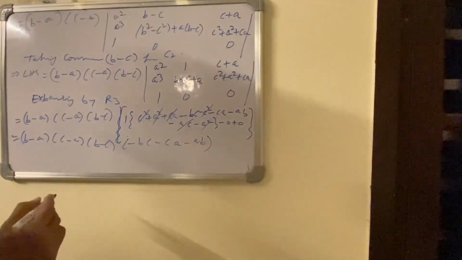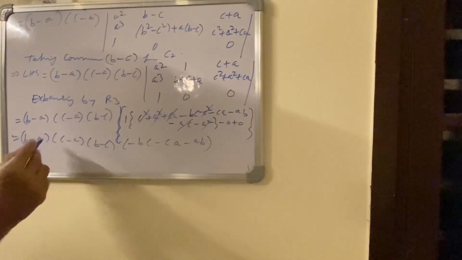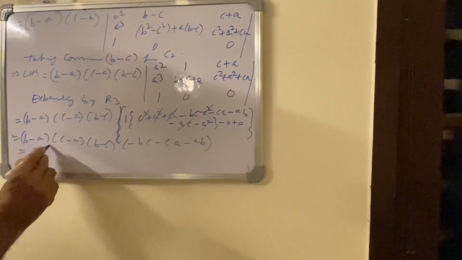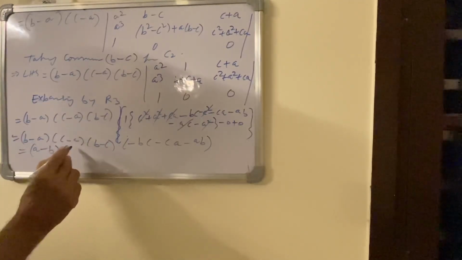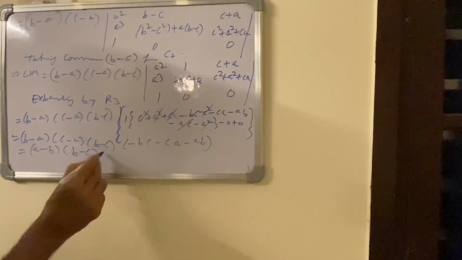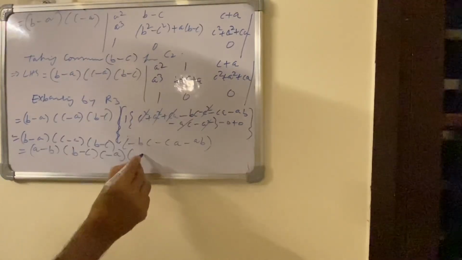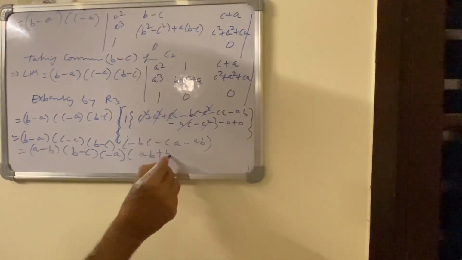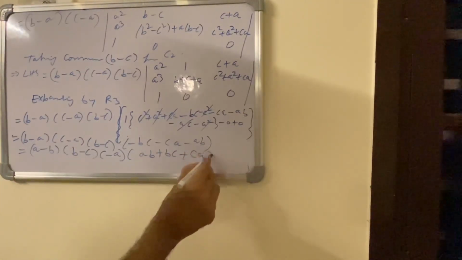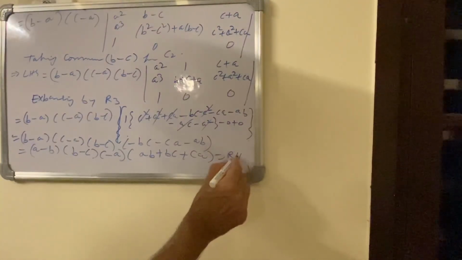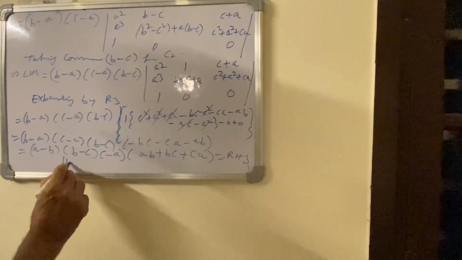Taking minus common from this, b minus a becomes a minus b. So (a minus b)(b minus c)(c minus a)(ab plus bc plus ca), which is equal to right hand side. Hence proved.